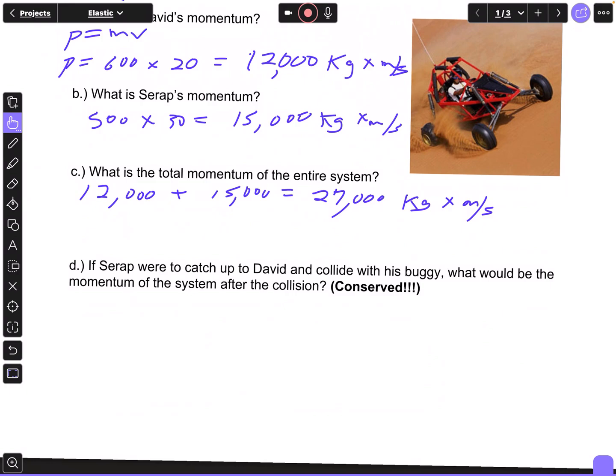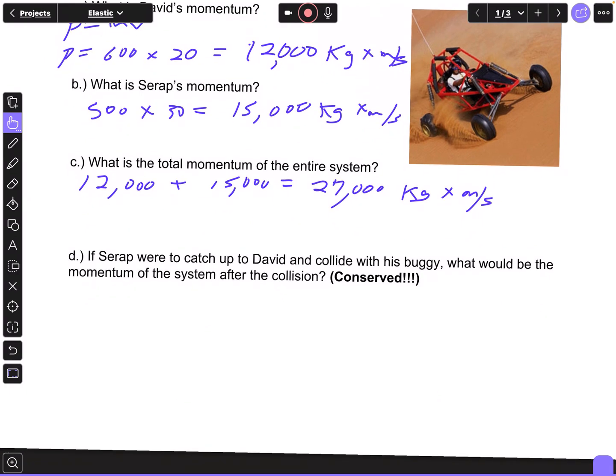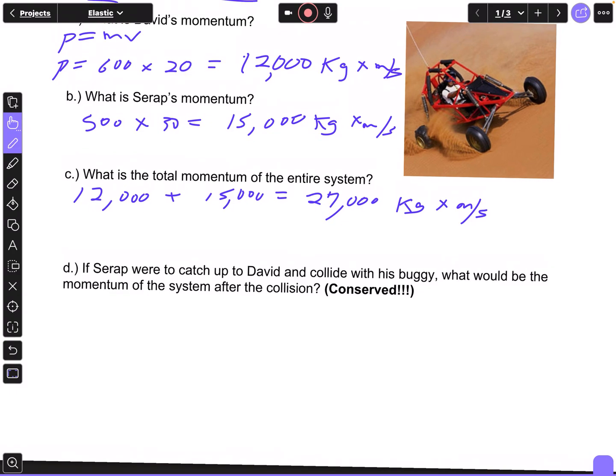Then it asks, if Sarah were to catch up to David and collide with his buggy, what would be the momentum of the system after the collision? Remember, your initial momentum is equal to your final momentum, and that's for both objects.